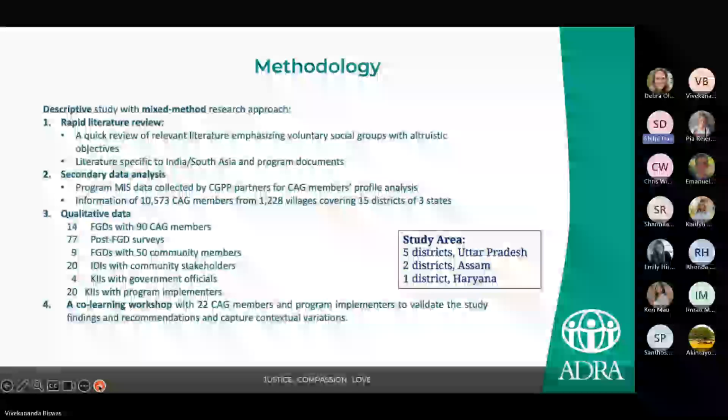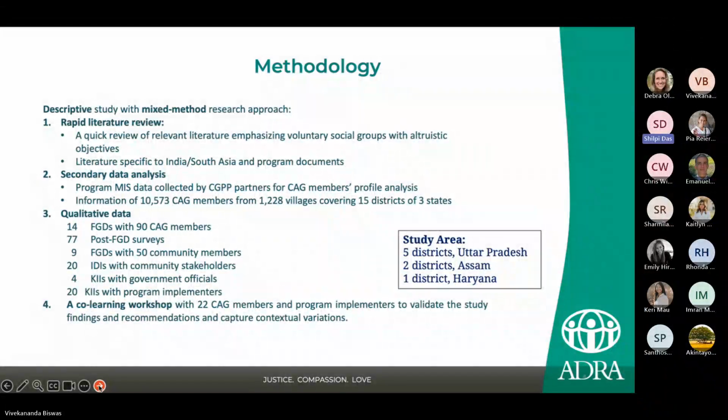There were also in-depth interviews with community stakeholders. When we say community stakeholders, it was the community members, the ration worker, the barbers, the mullah, so everyone from the community was there in the in-depth interviews.